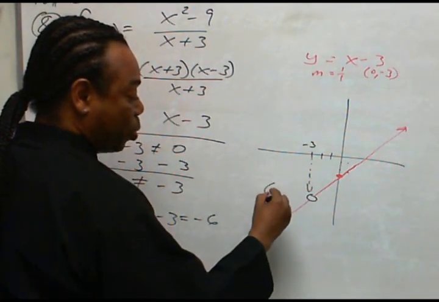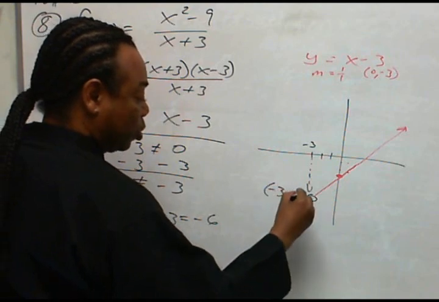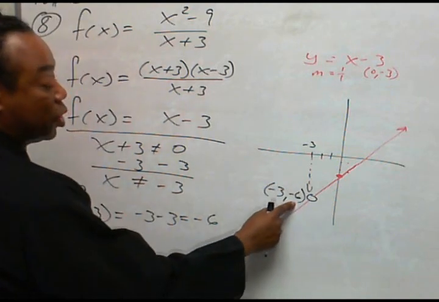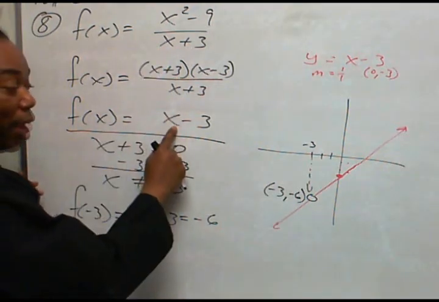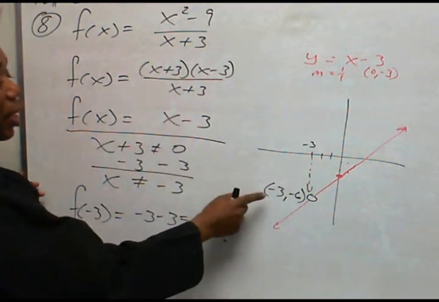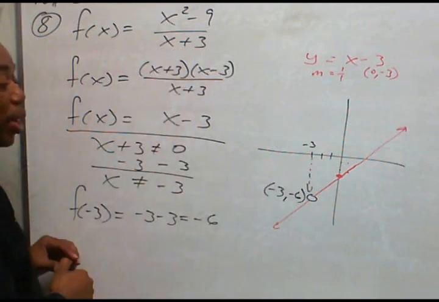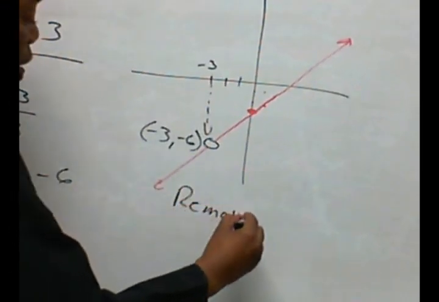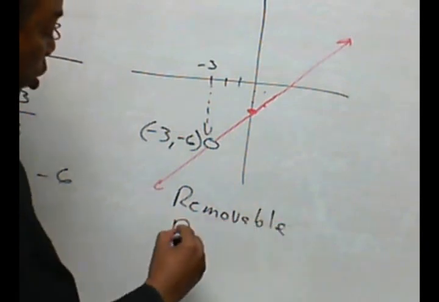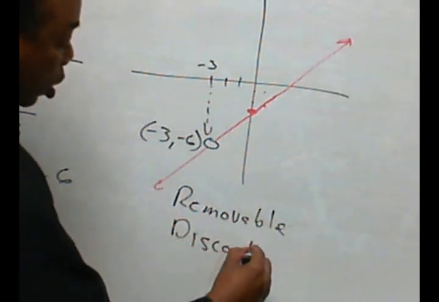And I'll put an open circle at the point negative 3, negative 6. Because negative 3, negative 6 does not exist in the original domain. Even though it exists in the simplified equation, it does not exist in the original domain. What we call this is a removable discontinuity.